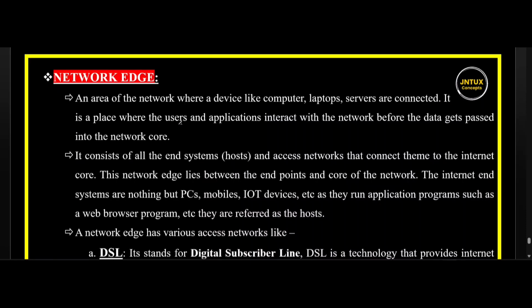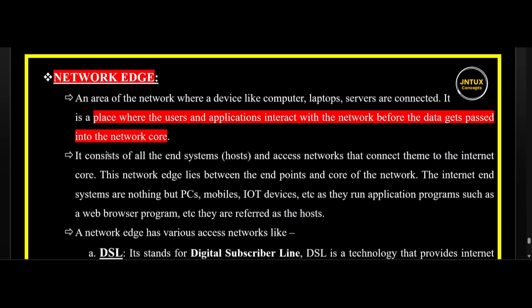It is a place where the users and applications interact with the network before the data gets passed into the network core. It consists of all the end systems and access networks that connect them to the internet core. This network edge lies between the endpoints and the core of the network.